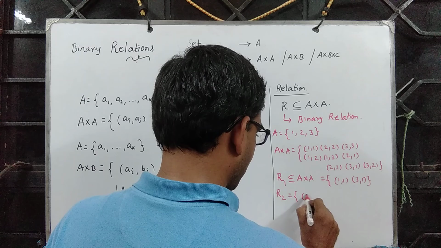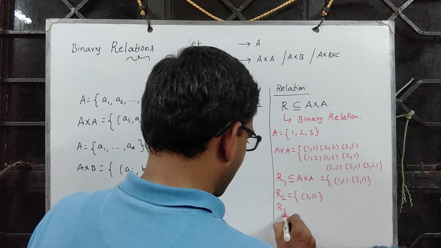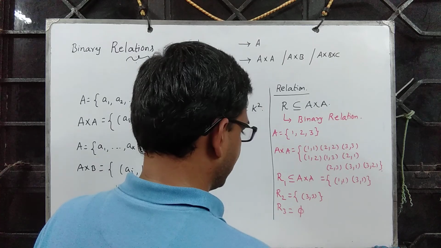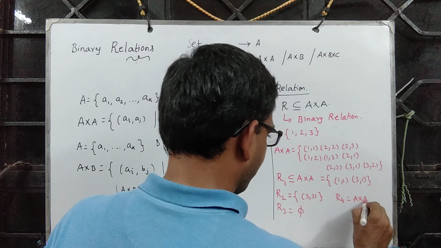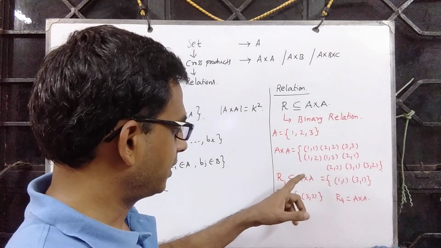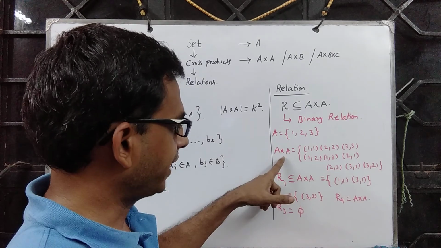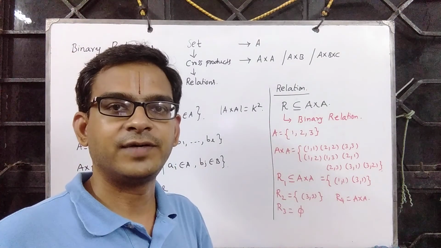R2 may be (3,3) alone, and R3 could be an empty set. R4 may be A cross A. So there are many subsets, and each subset of A cross A is a binary relation according to our definition.